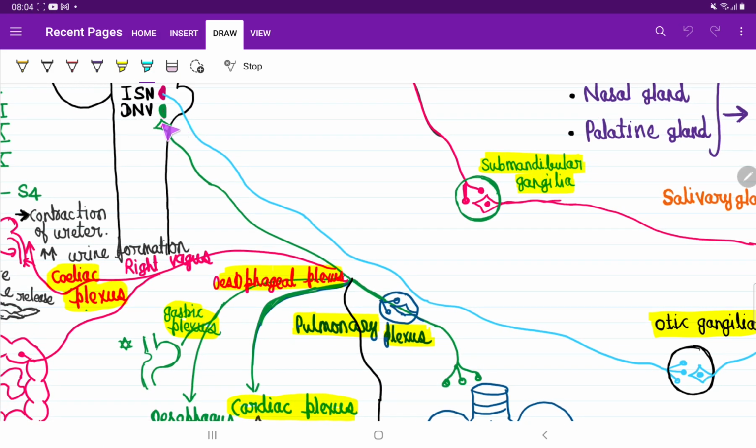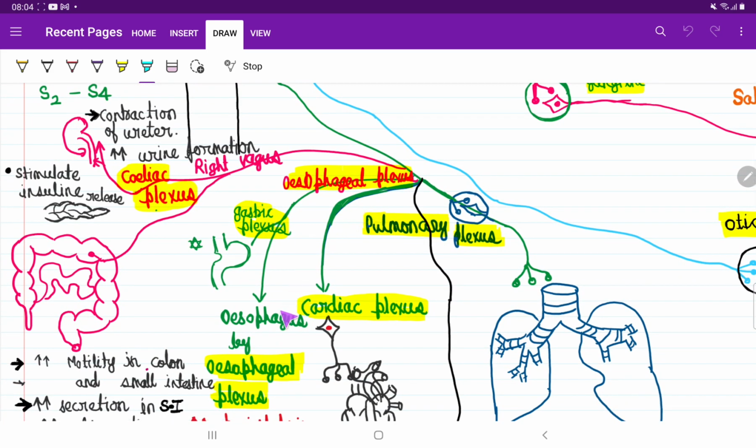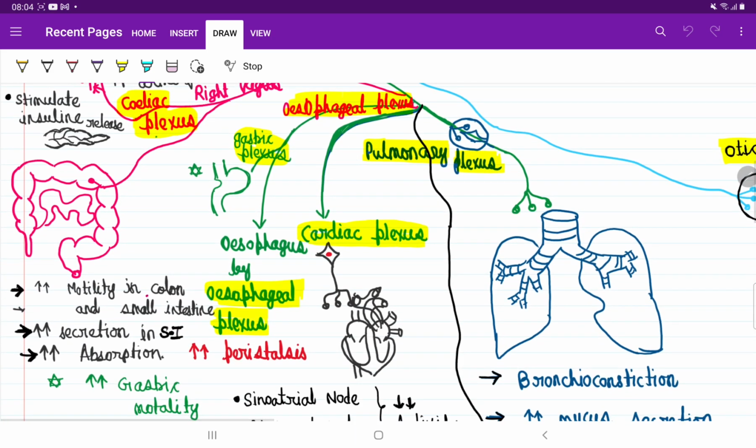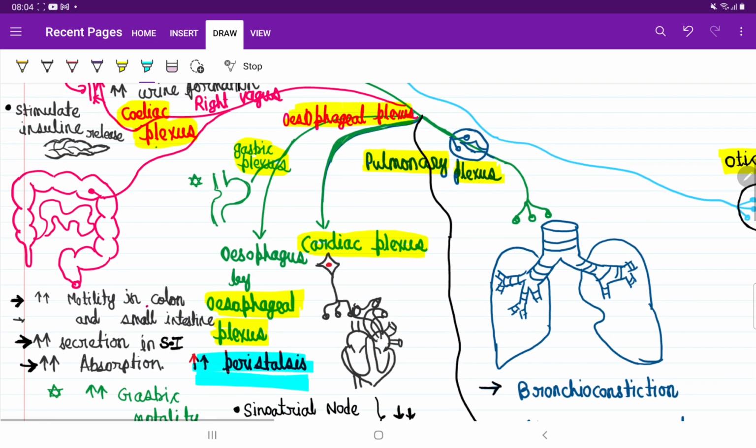Then this same vagus nerve forms the esophageal plexus. This plexus supplies the esophagus and increases peristalsis in the esophagus. And when peristalsis in the esophagus increases, food will go to the stomach.